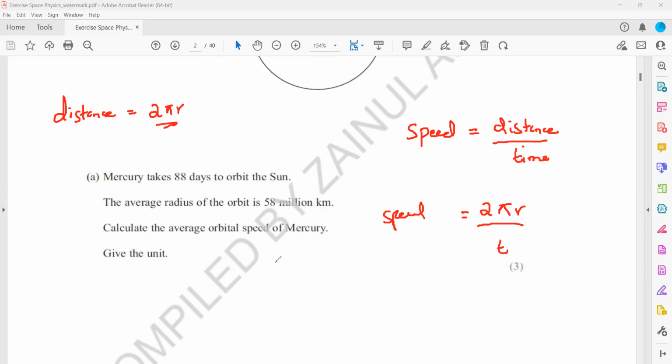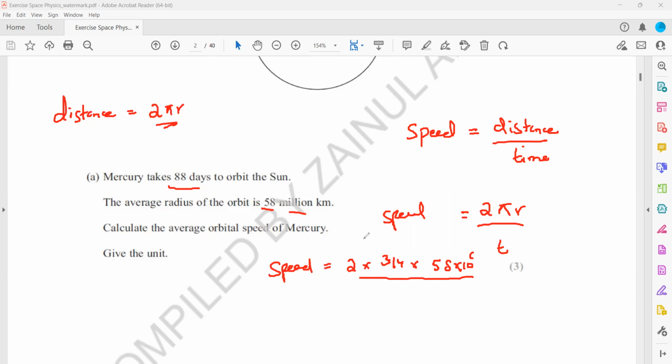So speed equals, pi is 3.14. And what about the radius? It is 58 million kilometers. Million means 10 power 6. So we'll write 58 times 10 power 6 divided by the time.